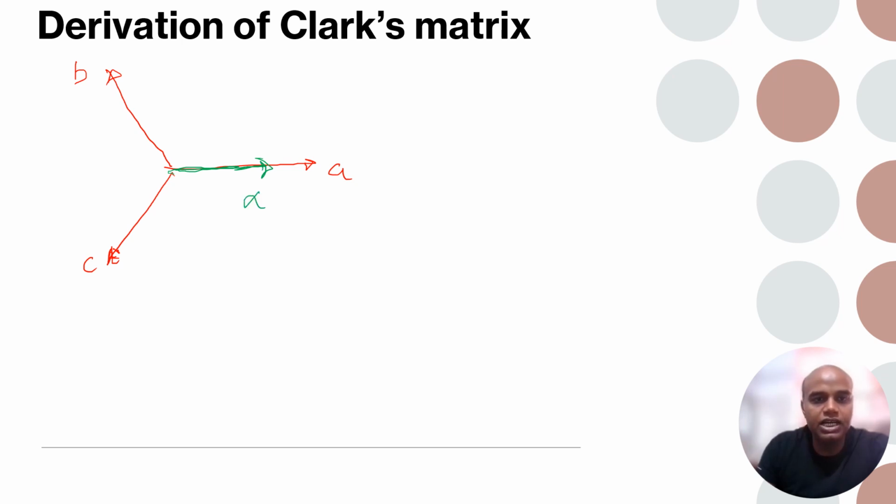And we know that beta is orthogonally placed with alpha, at 90 degrees. So this is my beta. Now we can begin with the derivation.